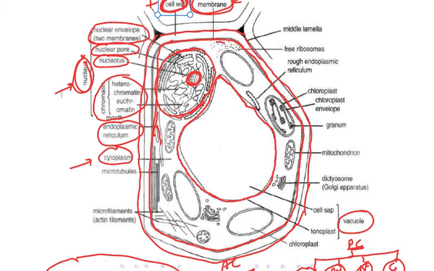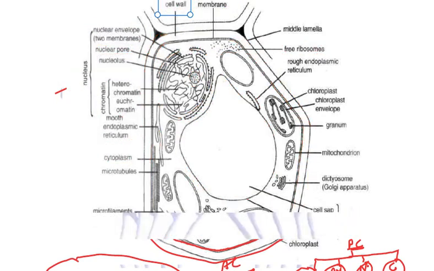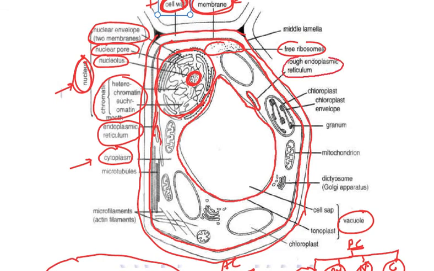These dotted ones are free ribosomes. Once again, the same structure having dotted ribosomes attached to the surface is the rough endoplasmic reticulum. These deeply inner folded layers are the mitochondria.